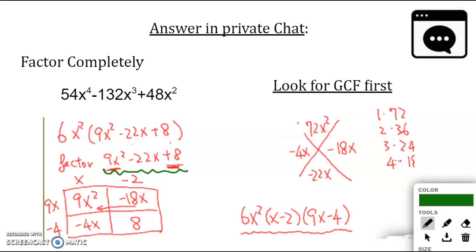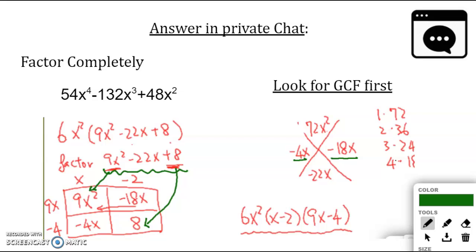You can use the area model by filling in the first term, 9x squared goes here, and the last term goes in here, and then negative 4x and negative 18x go in the other two missing boxes. And then you factor out the columns and the rows to figure out the two factors.